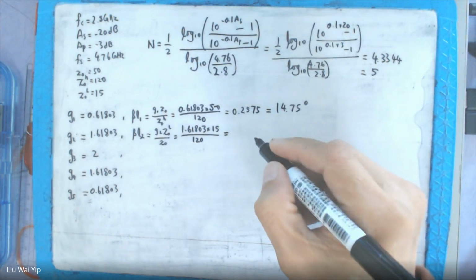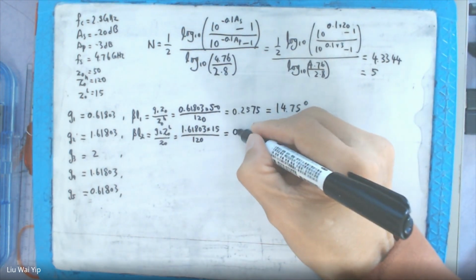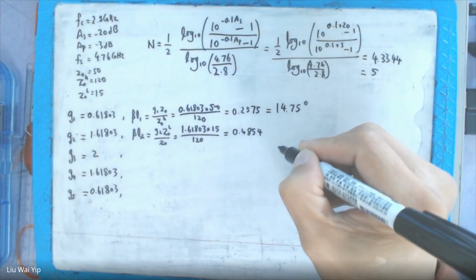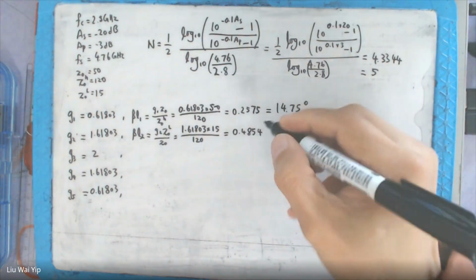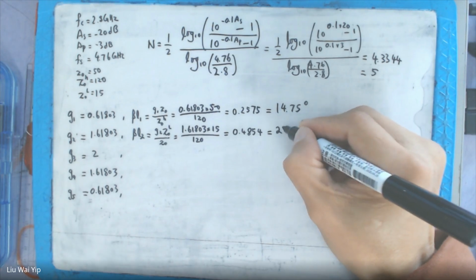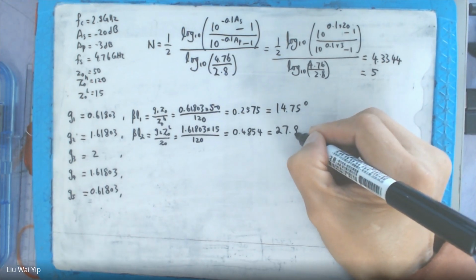So from what I can get here is 0.48454, and then the angle, the length.